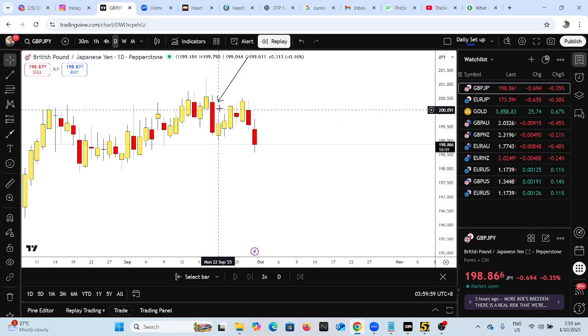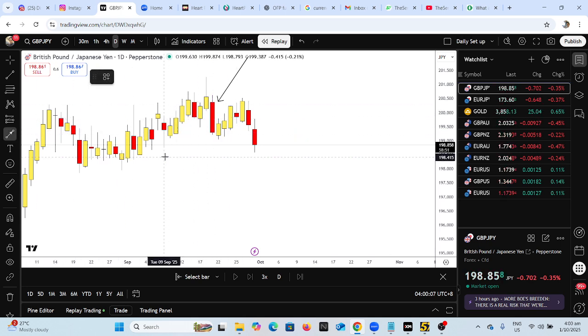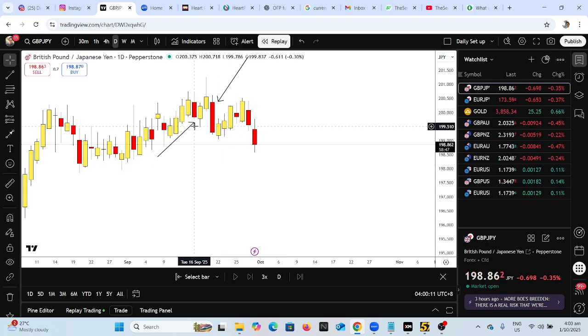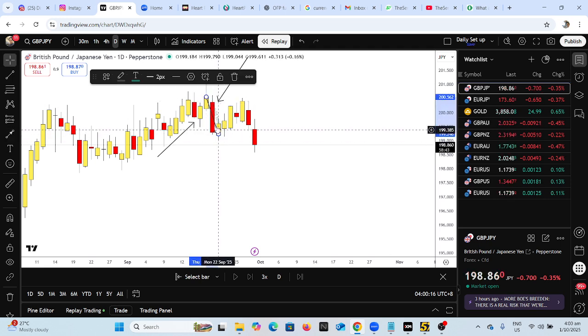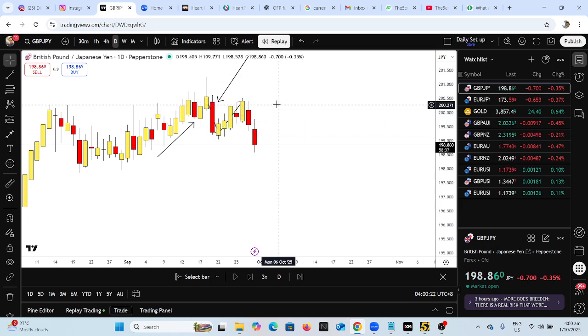Because remember, this candlestick is not just a strong bearish candlestick pushing the market down, but it actually broke off this previous demand here. So in this case, price went down, broke this demand, and then made a pullback, retesting the top, so we consider it a double top, and then price went down.